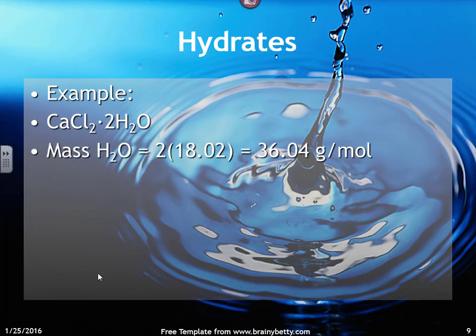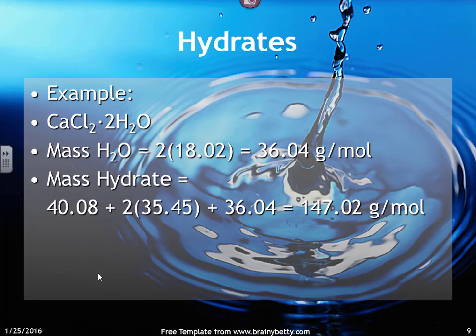If you remember that the mass of 1 water is 18.02, take that times 2 because there's 2 waters in this formula. That's 36.04.